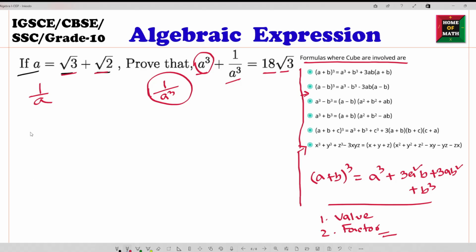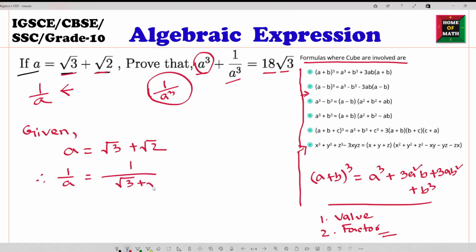So we can write, given a equals root 3 plus root 2. First we have to find out the result of 1 by a. So 1 by a means 1 by root 3 plus root 2. We have to remember one thing: we will not keep any root sign in the denominator.